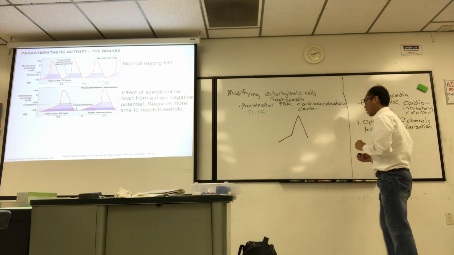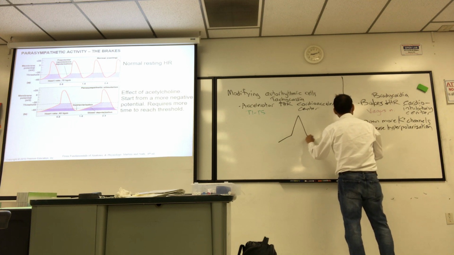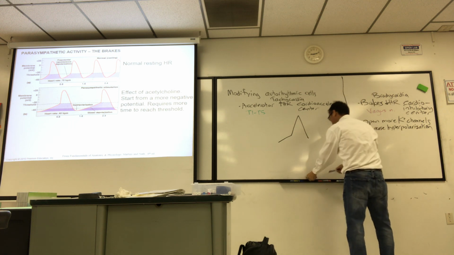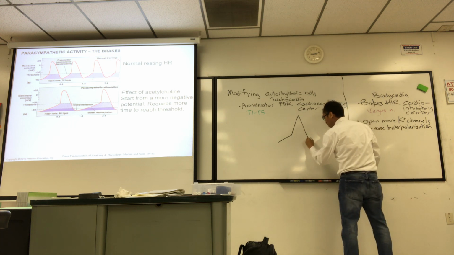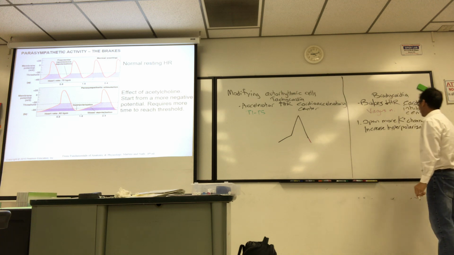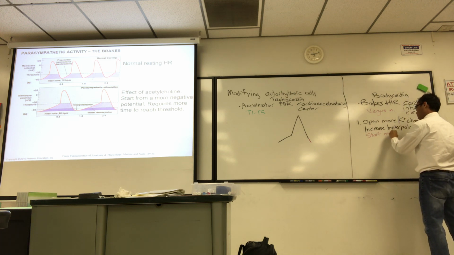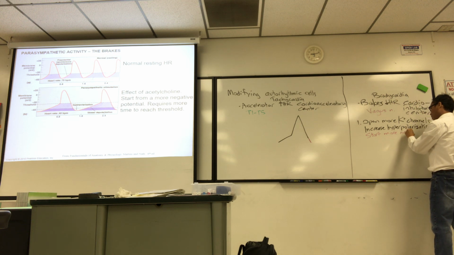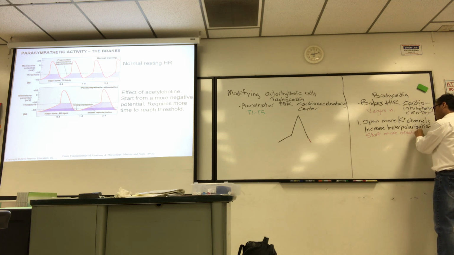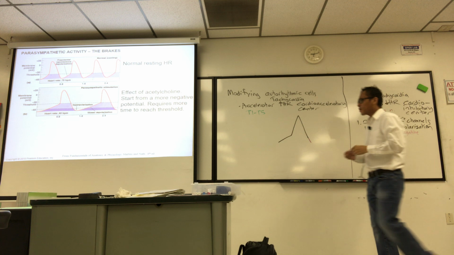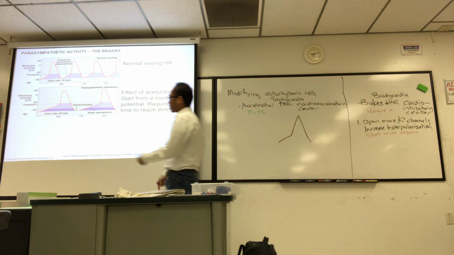If that's the normal hyperpolarization, the vagus nerve will allow you to start even more negative. The other thing that's happening is it takes longer to reach threshold.